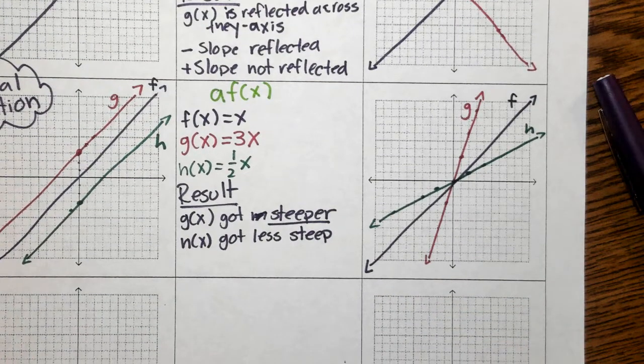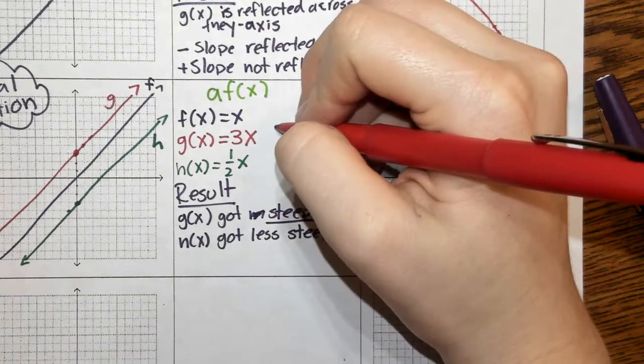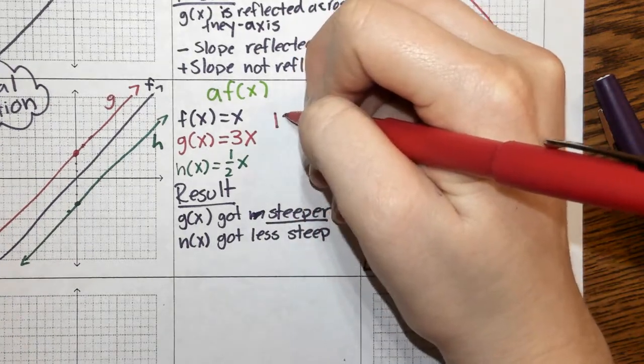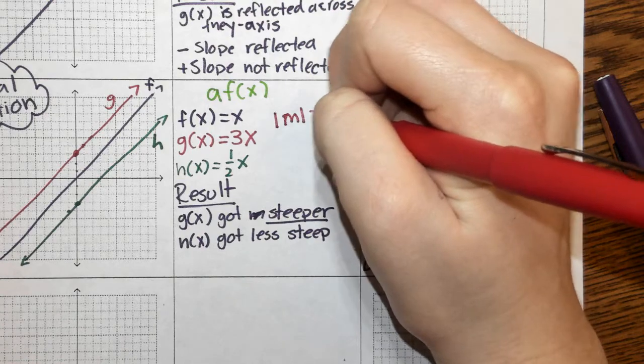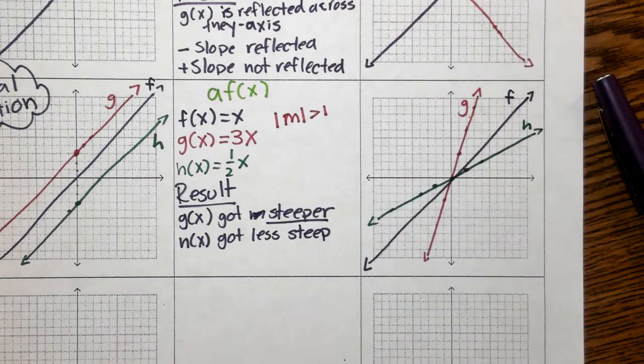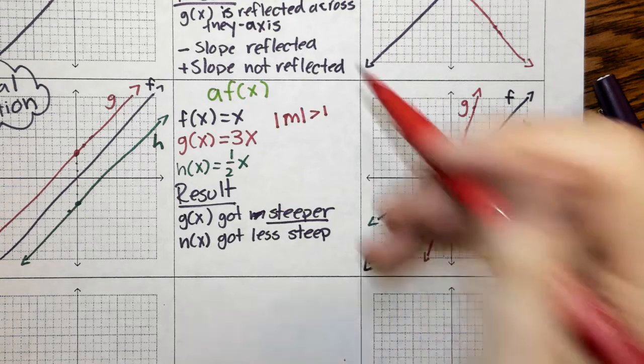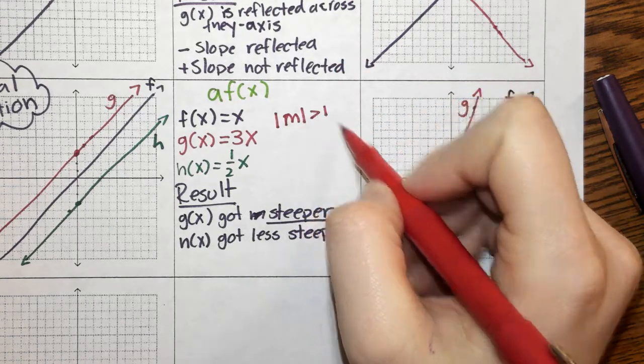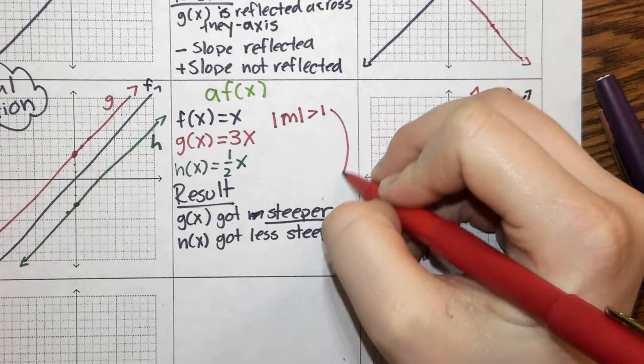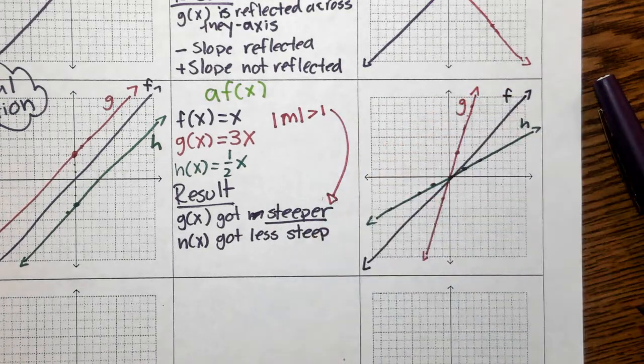The way that you can tell is if the absolute value of the slope is greater than 1. All that means is that if the slope is not a fraction, if it's a whole number, then it's going to get steeper. Does that make sense? Anyone confused? I had some students who were earlier.